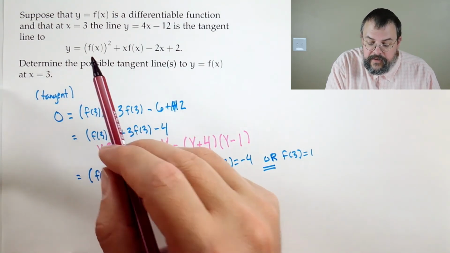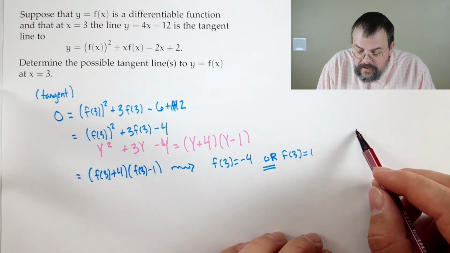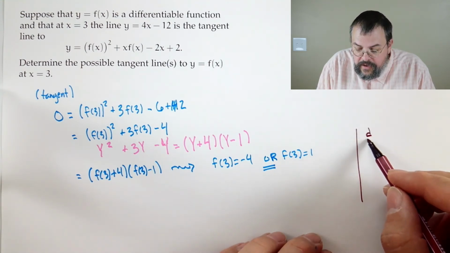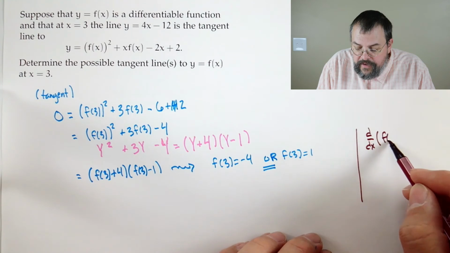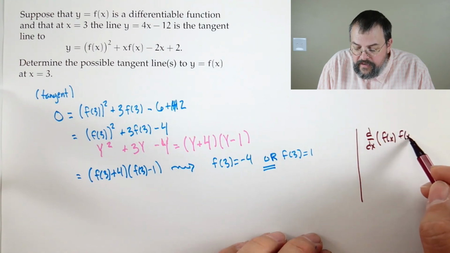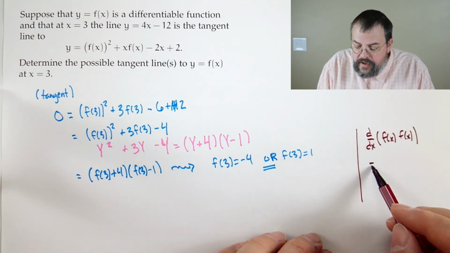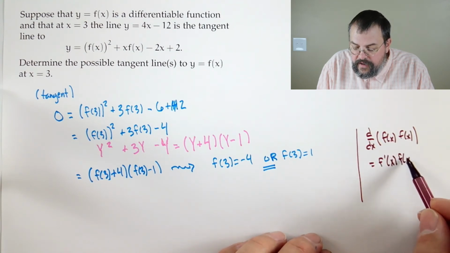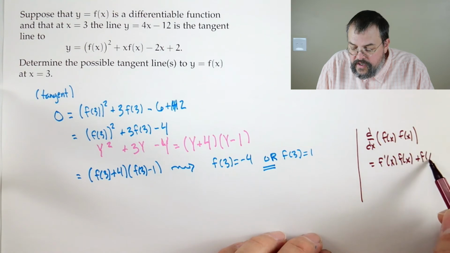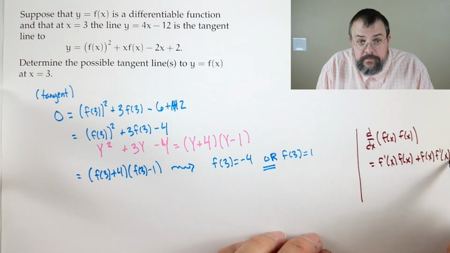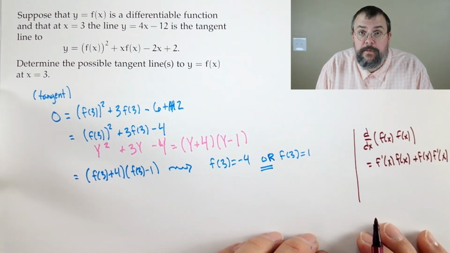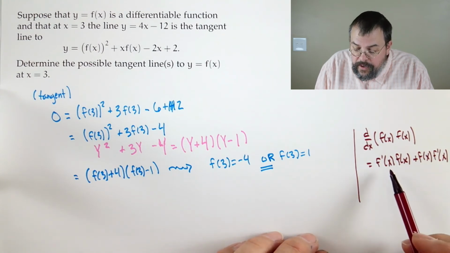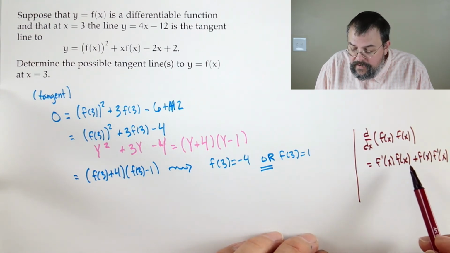The derivative of f of x squared. Ooh, I don't think we've done that one. Let's do that really quickly. So the derivative of f of x squared is like the derivative of f of x times f of x. So what would that be? So take the derivative of the first, f prime of x, times the second, plus the first, times the derivative of the second. All right, that's what we'd get. And notice they're both the same. It's f prime times f and f prime times f.